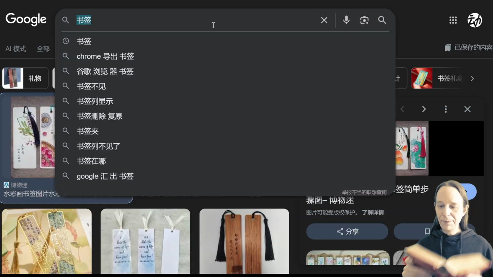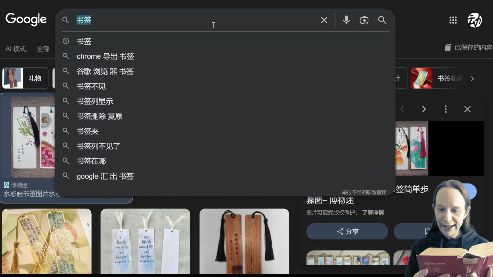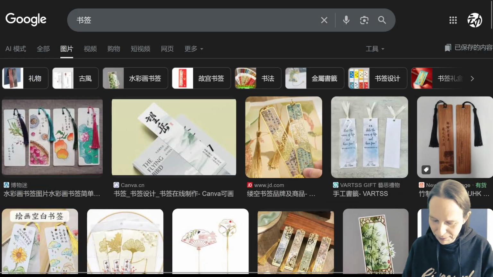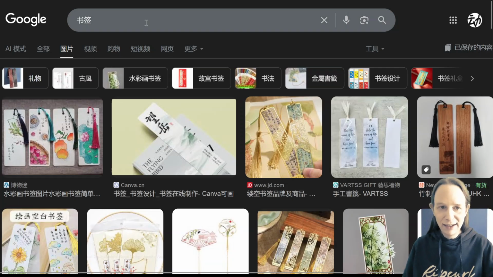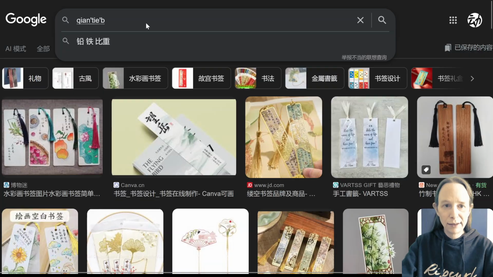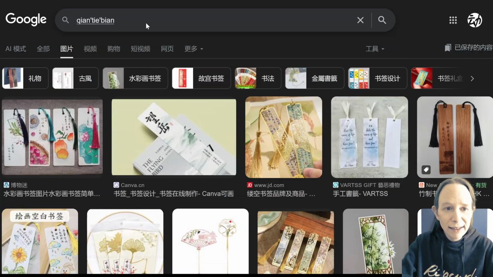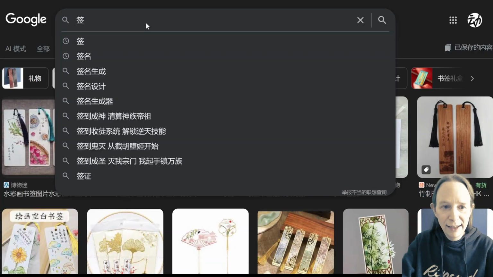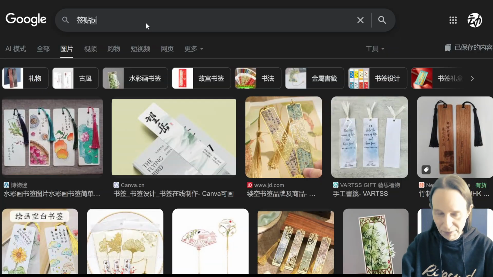Number 4. 粗略的缝合起来. So it's like coarsely suturing something together. I don't know this one. 千贴边. What does that mean? I don't know what to think about this. Sorry, where is the character? 签字的签.